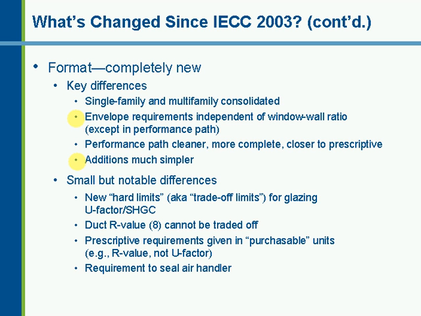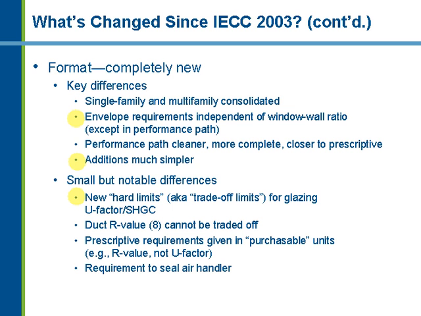A few other small but notable differences. There are some new hard limits. They're also sometimes called trade-off limits that have been added for glazing U-factor and solar heat gain coefficient. What these are, these differ from the normal minimum requirement in that they are a separate requirement that you cannot exceed even in a trade-off situation.